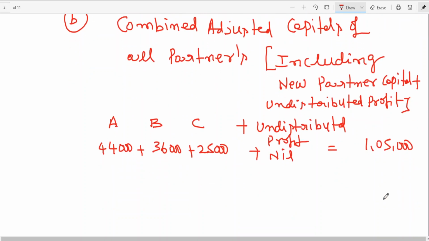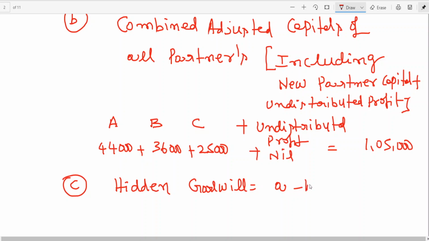Okay, now step number C. Hidden goodwill is equal to A minus B. What is A? 1,50,000. What is B? 1,05,000.